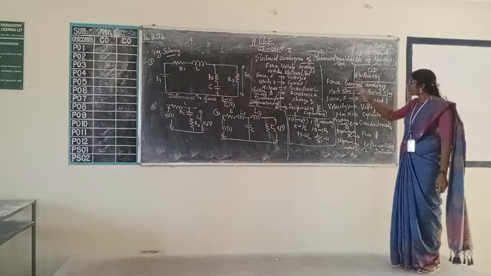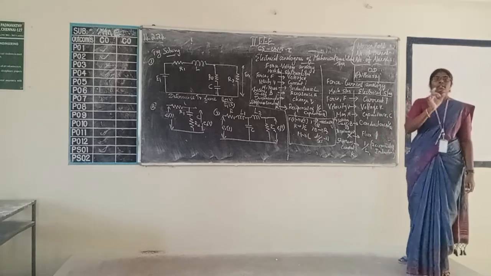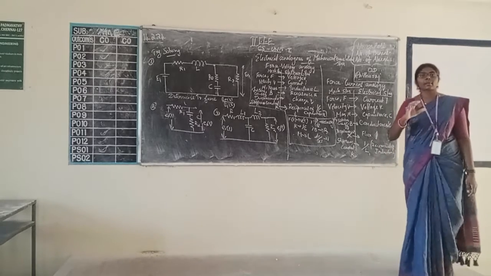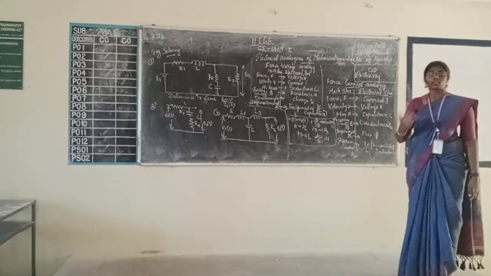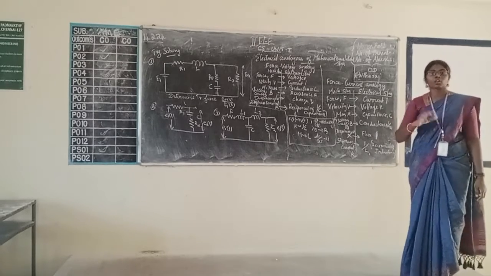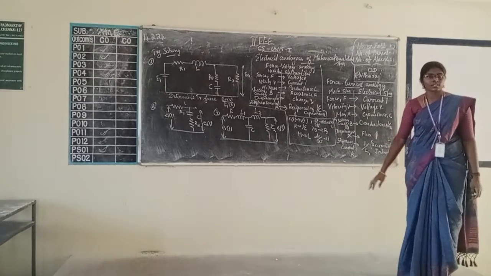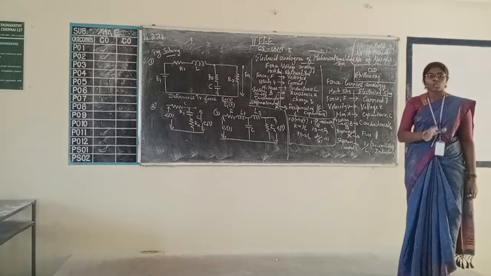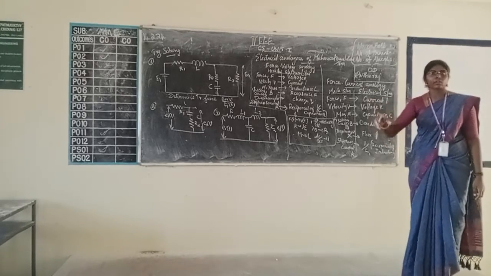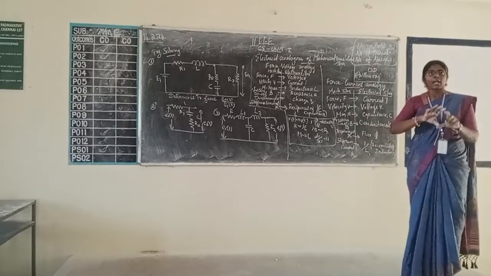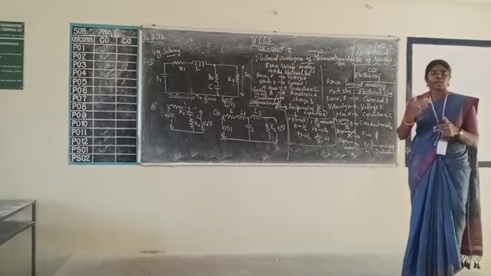Likewise, we have to solve for the force to current analogy. The question will be like this: determine the transfer function, or else draw the electrical network or circuit diagram for a mechanical translation system, and the diagram will be given to you with mass, dashpot and spring.